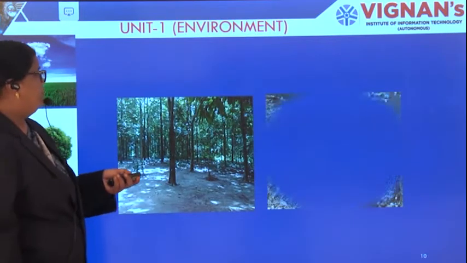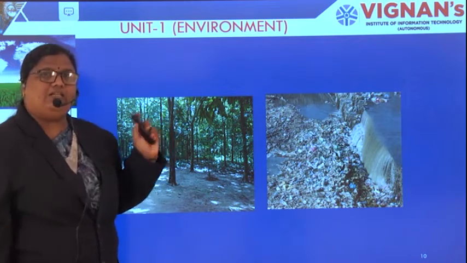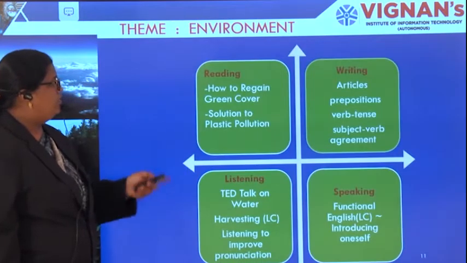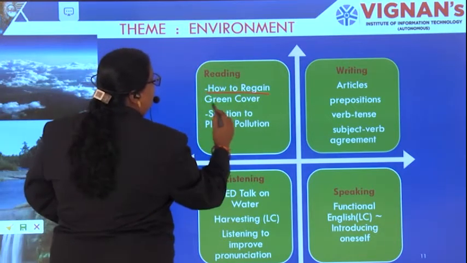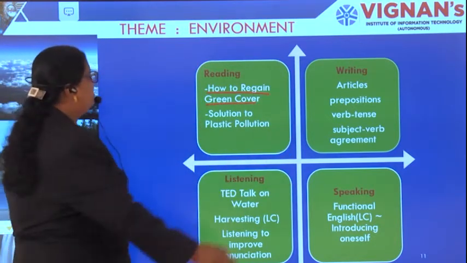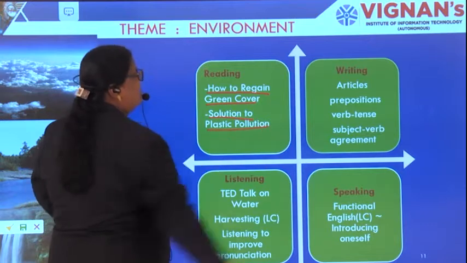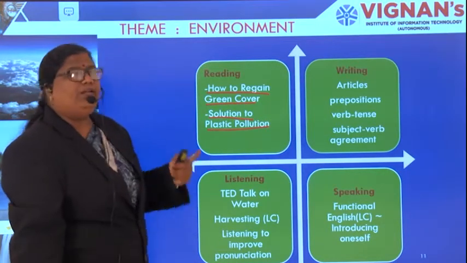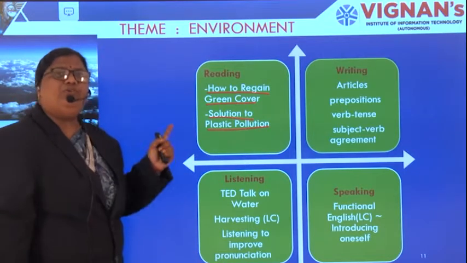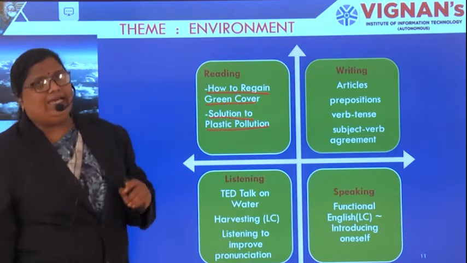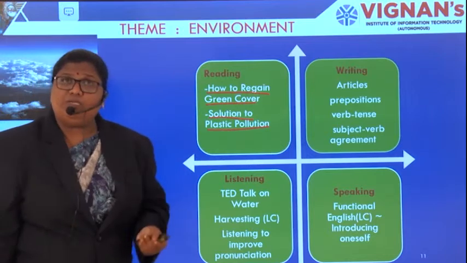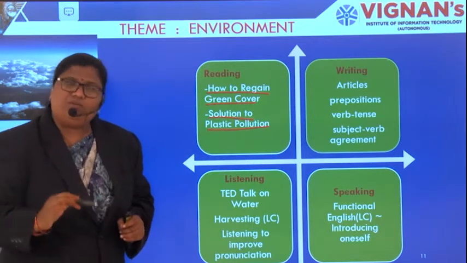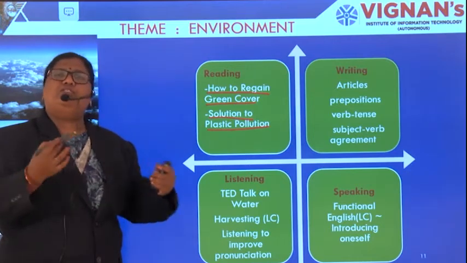Okay. So now we'll have the entire syllabus in a nutshell. So the first one, how to regain green cover and solution to plastic pollution. These are the 2 passages you have to read on your own, and what you are supposed to do is underline each and every word which you feel difficult, because difficulty level varies from person to person.